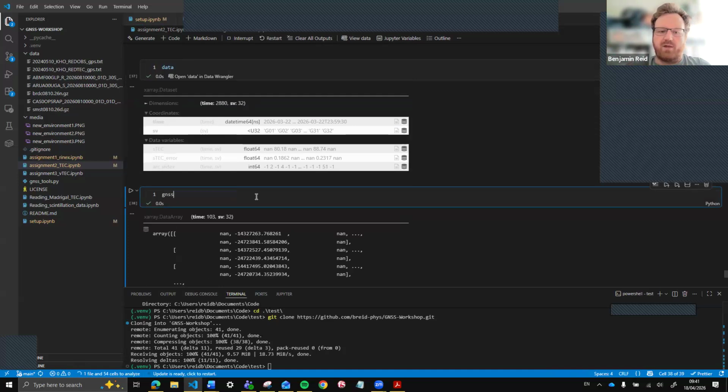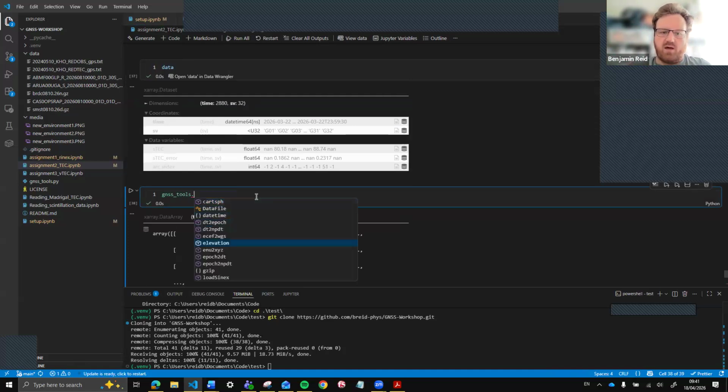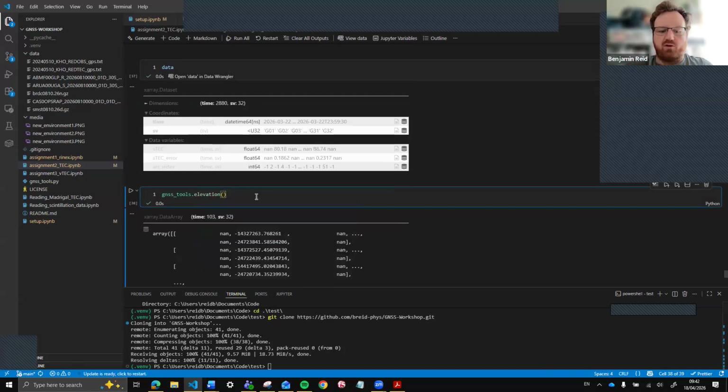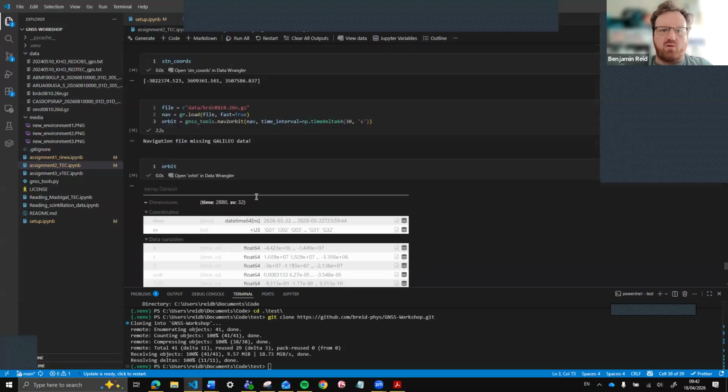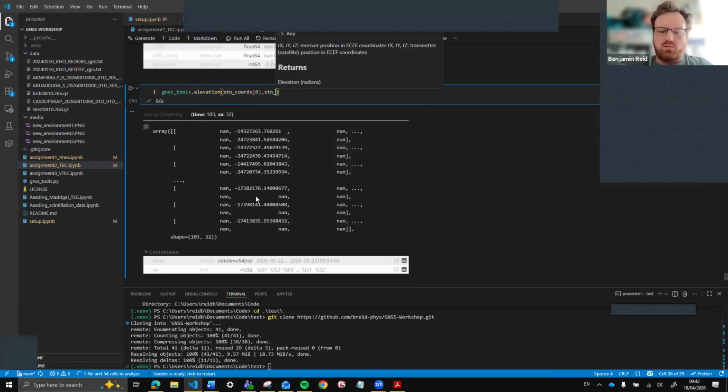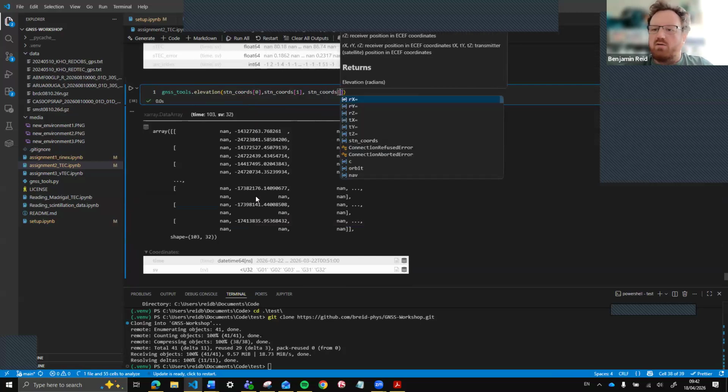Which means if we do something like gnss_tools elevation, this wants all of the receiver positions. Did I call it station coords? Yes.